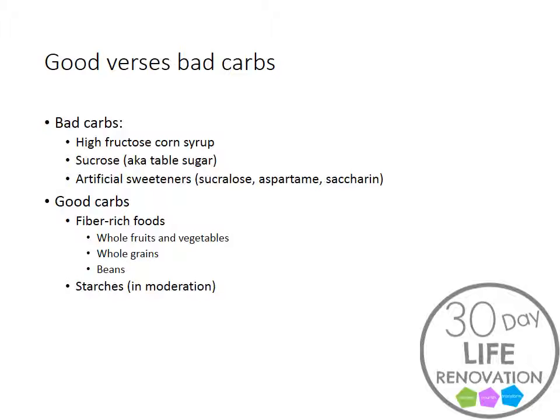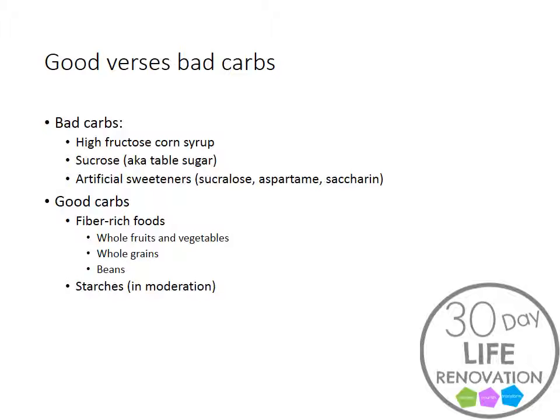Good carbohydrates are fiber-rich foods like whole fruits and vegetables, whole grains, and beans. And I say whole fruits and vegetables because fruit juice tends to be very high in simple sugars and therefore high on the glycemic index and causes a spike in insulin. So you want to go for the whole fruit rather than the fruit juice.